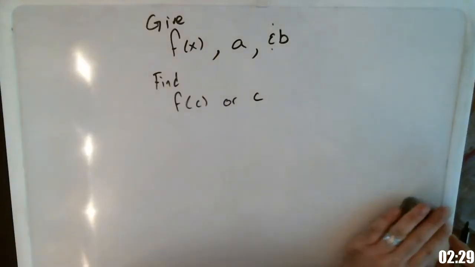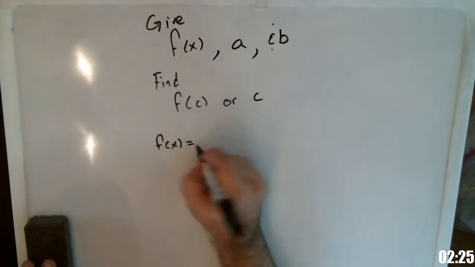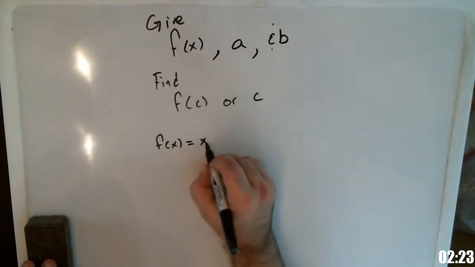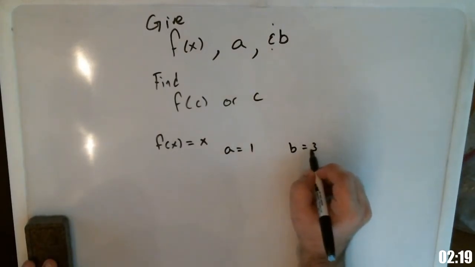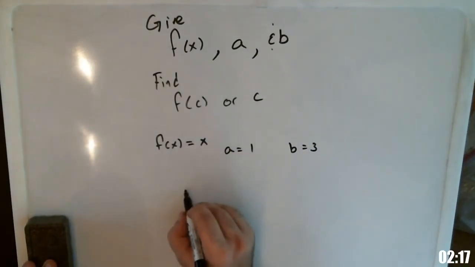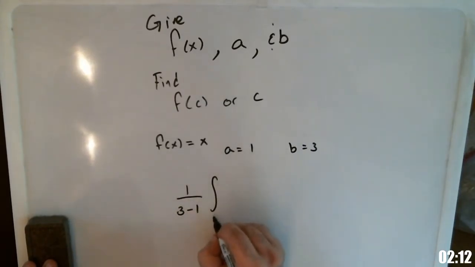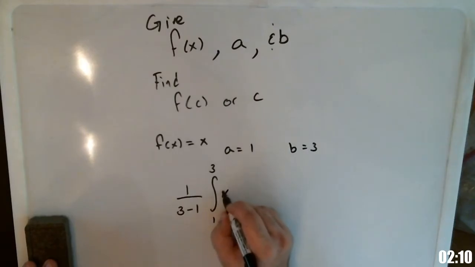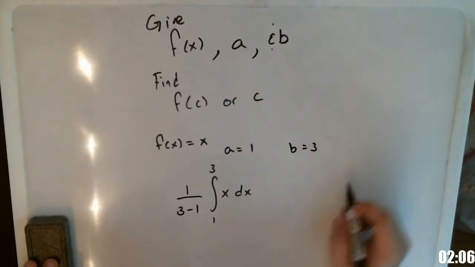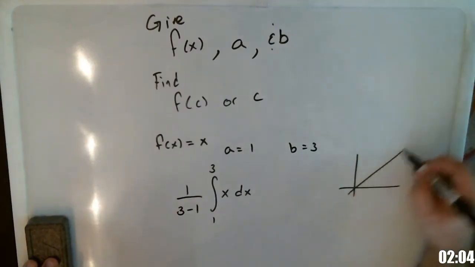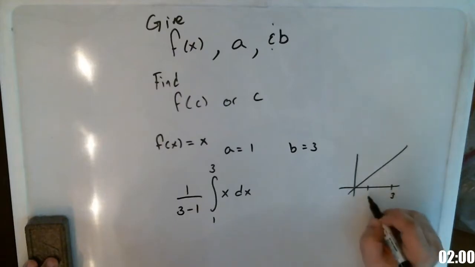Okay, so how would we do that? Well, let's say f of x equals x, a equals 1, and b equals 3. Then I can use this formula right here: 1 over 3 minus 1 times the integral from 1 to 3 of x dx. What does this graph look like real quick? It's a triangle from 1 to 3.